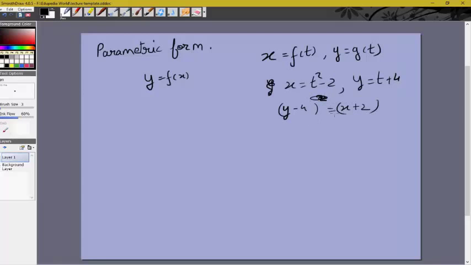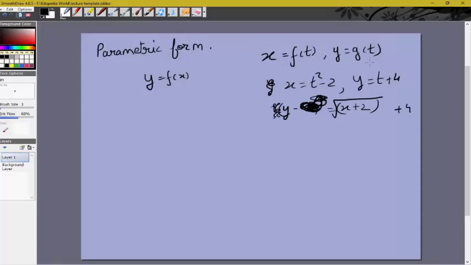Right? Or you can say t is the square root of this and you can add 4 to this and you can get y is equal to this. So now you've gotten the function in the explicit form, y is equal to root of x plus 2 plus 4. Right? So this is what I'm trying to say. y is equal to f of x means for every x there's a value of y. What if for every t there's a value of x and for every t there's a value of y? That also means that for every x there's a value of y.